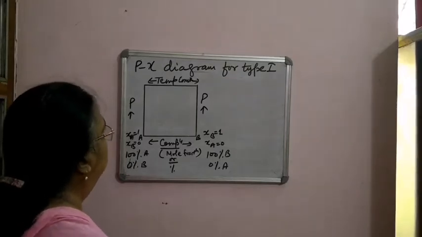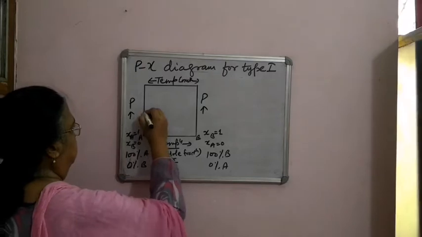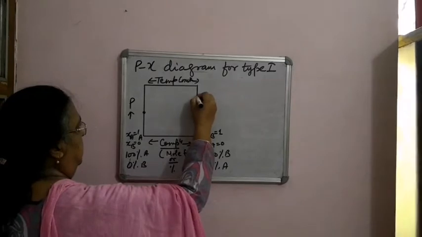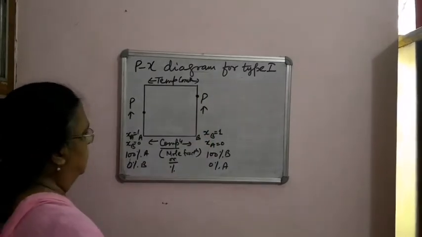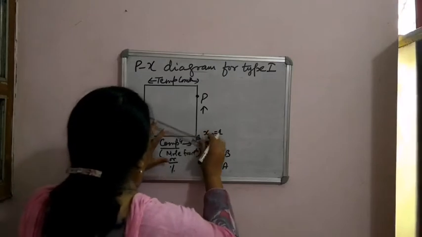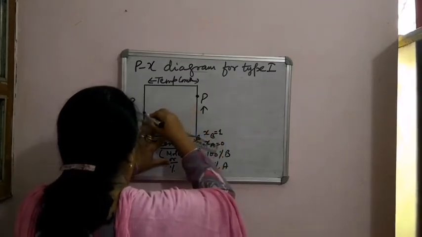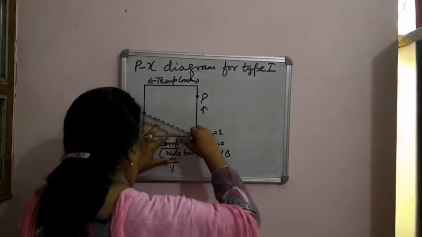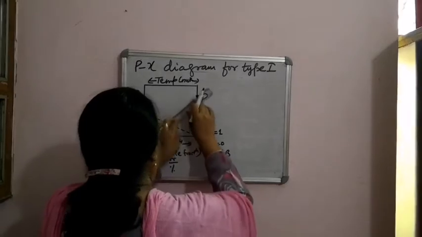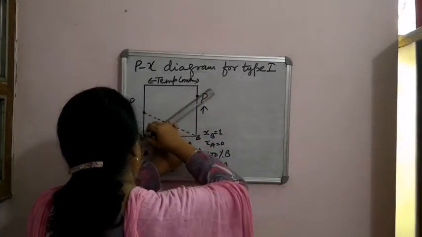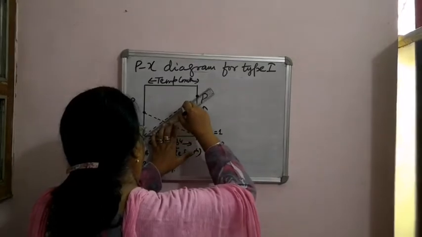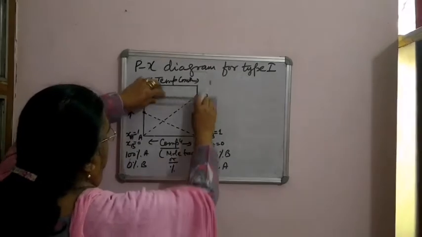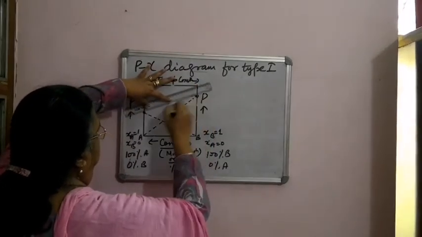So for the Px diagram, as we have considered, component A we have taken with the low vapor pressure and this with the high vapor pressure. So first we will draw for the ideal solution and then we will compare its deviation. In the previous one you have seen, if we obtain a straight line, I hope you remember this graph.